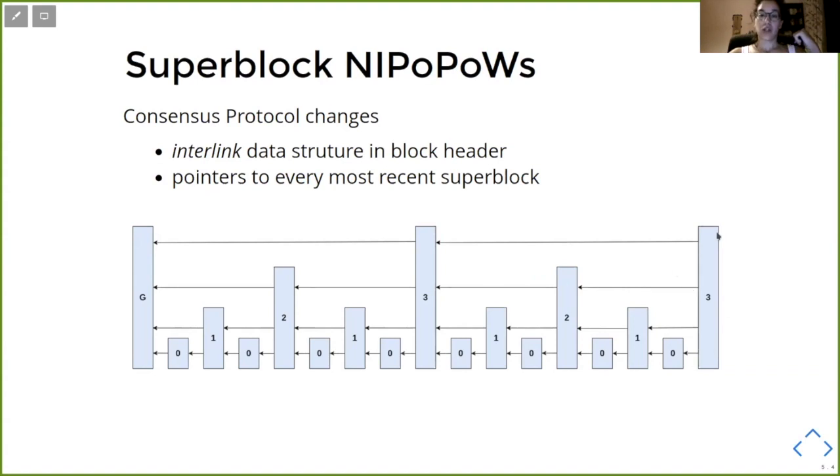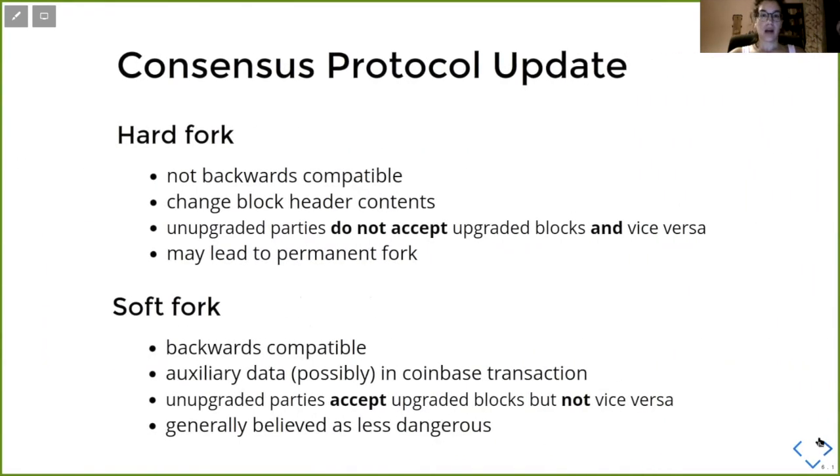So we are talking about extra pointers in the block header and consensus protocol changes. So we have to discuss a method of deployment of these protocol changes. Which brings us to a discussion about hard fork, soft fork, and later velvet fork.